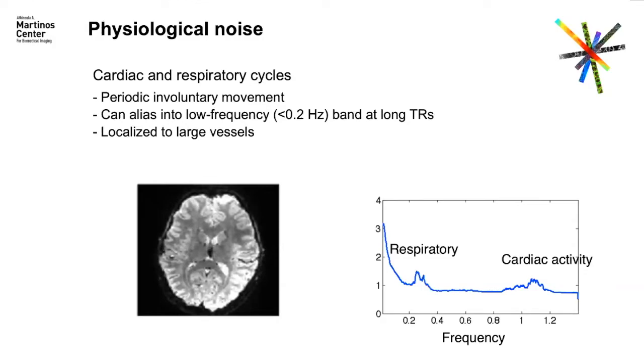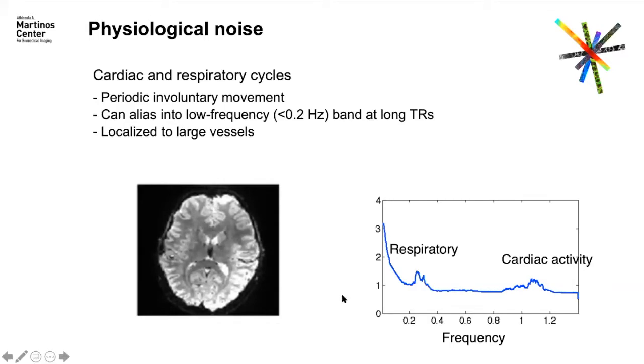Usually the frequency range of respiratory activity is between 0.2 and 0.4 hertz, and cardiac activity is typically a bit more than 1 hertz. It's worth noting that if you use very long TRs, there might be aliasing, so you would need to take that into account.